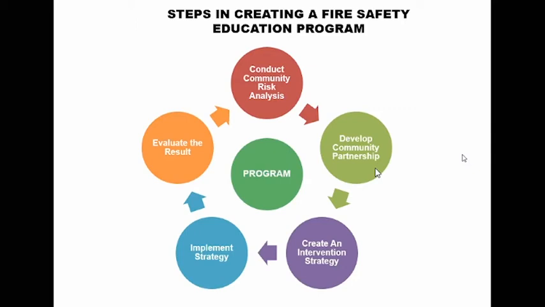We go to them, kalibitin natin sila, ito po ang nakita naming problema, and then with them you create an answer, or a remedy, or an intervention strategy. Then you proceed to implementing the strategy with the support of the community. And the last one is to evaluate the result.